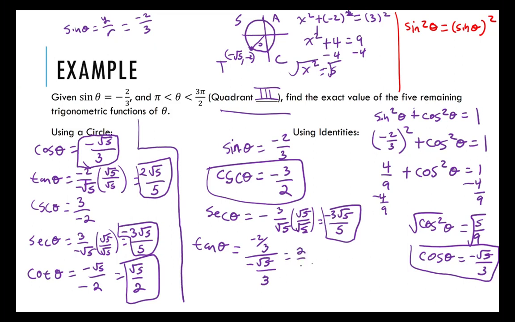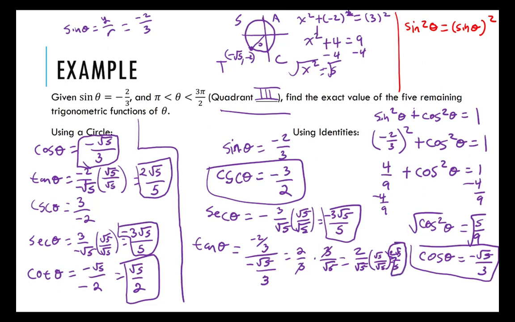That's then 2/3 times 3 over root 5, which is then going to be, 3 divided by 3 is 1, 2 over root 5, or if you need to rationalize, multiply by root 5 over root 5. That gives us 2 root 5 divided by 5.